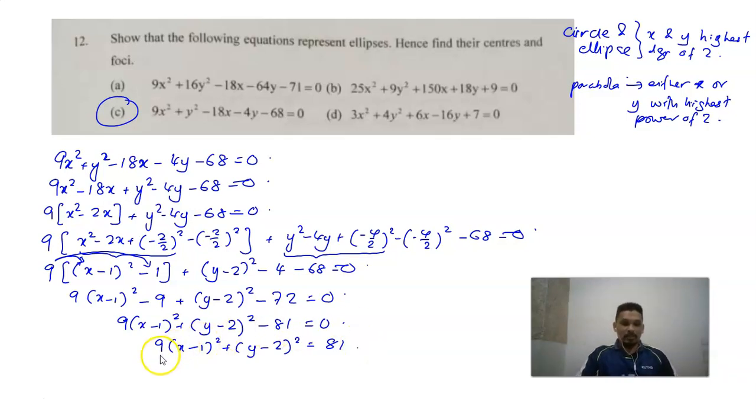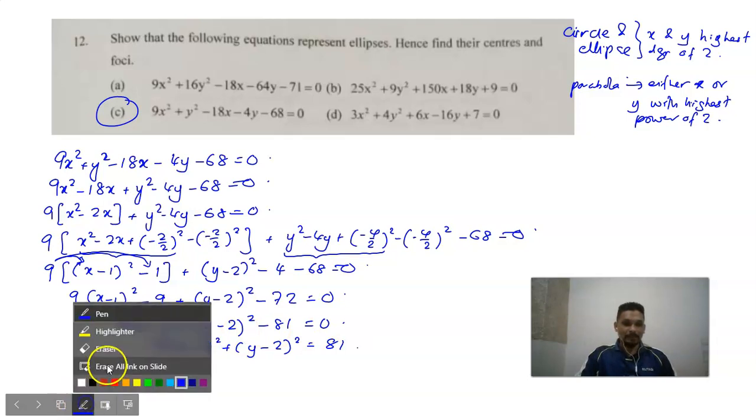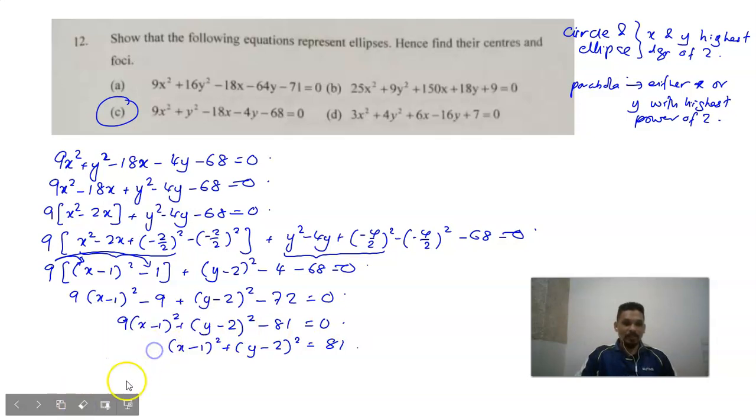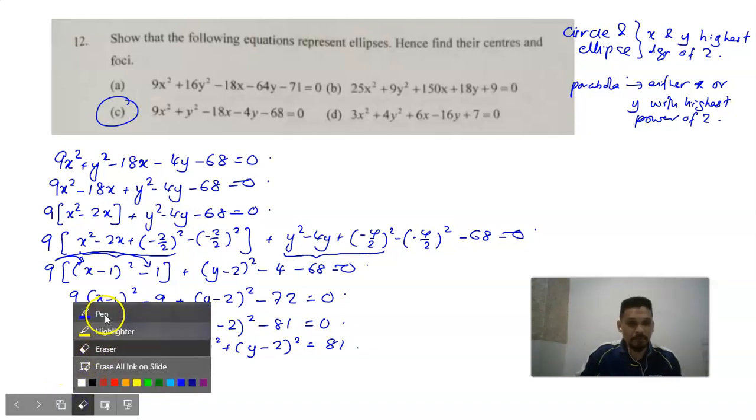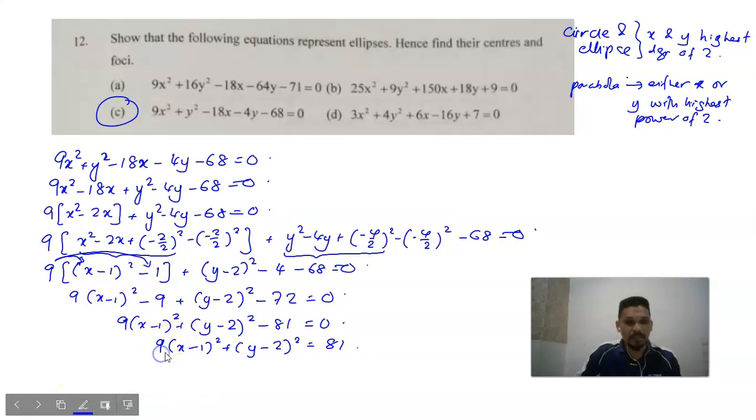Okay, because without this 9, this would be a standard equation of a circle: x minus h squared plus y minus k squared equal to r squared. r squared is 81, then r equal to 9. But for this question, we got 9 here.